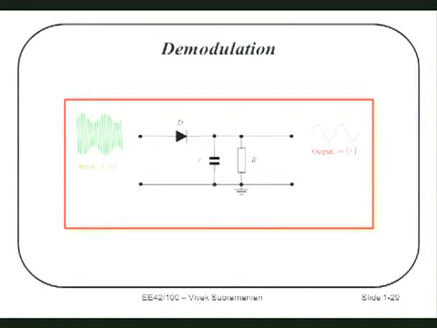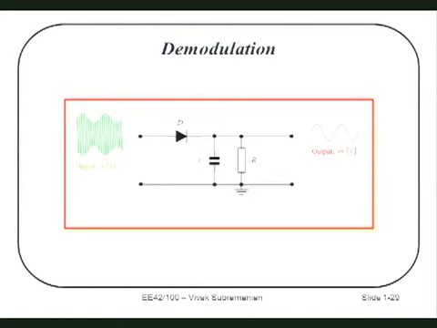One thing I can do to extract it is take a really slow circuit. A really slow circuit is not going to sense all these sharp movements, and it's going to track the average. I essentially take a system that does a moving average. If I do a moving average of this, it sort of follows the envelope, right?